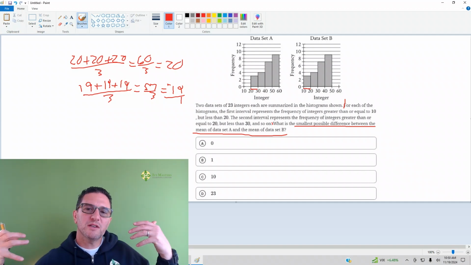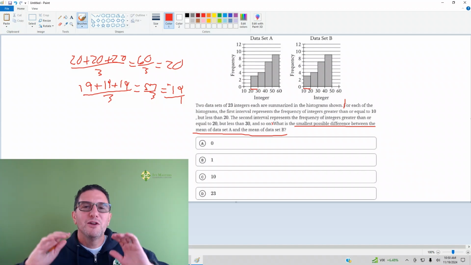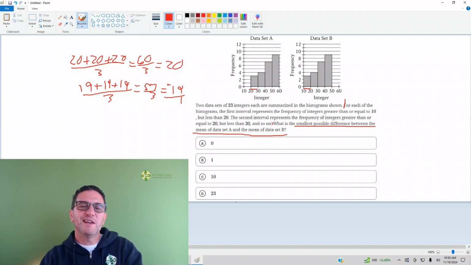Now, the question as a whole is just asking you to do this on a larger scale. You would do that for each of the 23 values. Don't actually do that for each of the 23 values. You want to know this on a conceptual level so it doesn't take you so long.